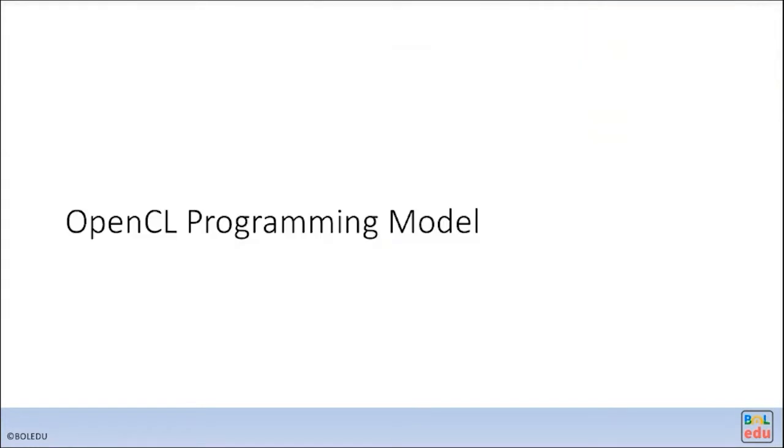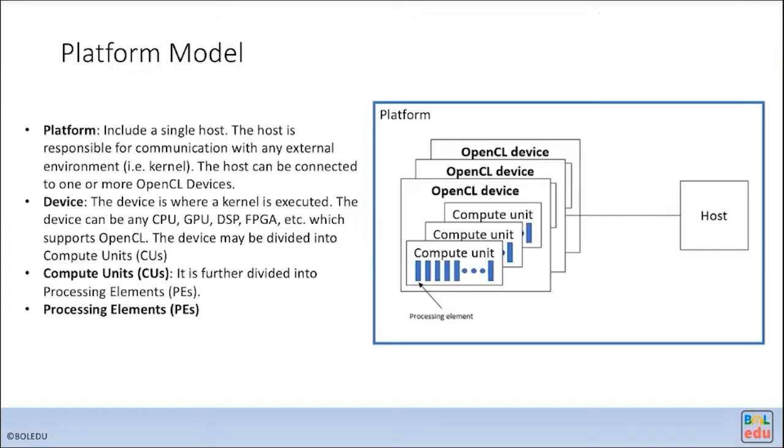Okay, let's talk about the OpenCL programming model. We are using OpenCL, but that's not the only way to do the host programs. If you look at a lot of open source, people actually use XRT directly. They don't use OpenCL.